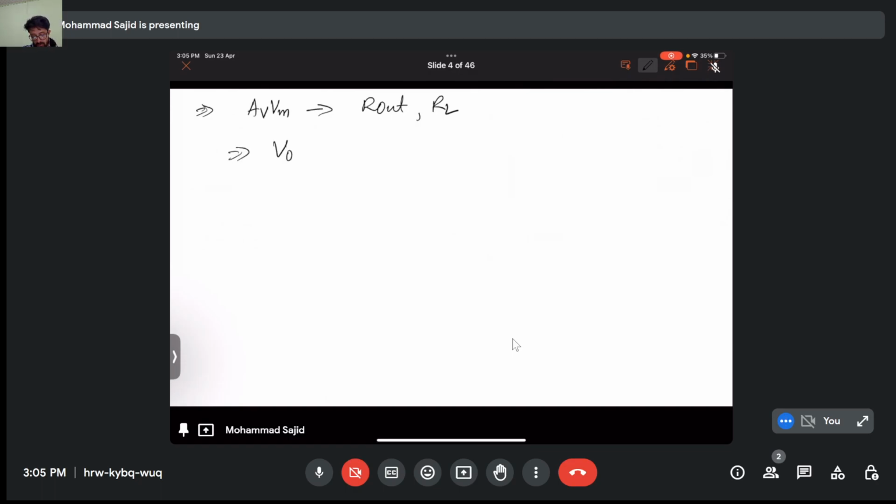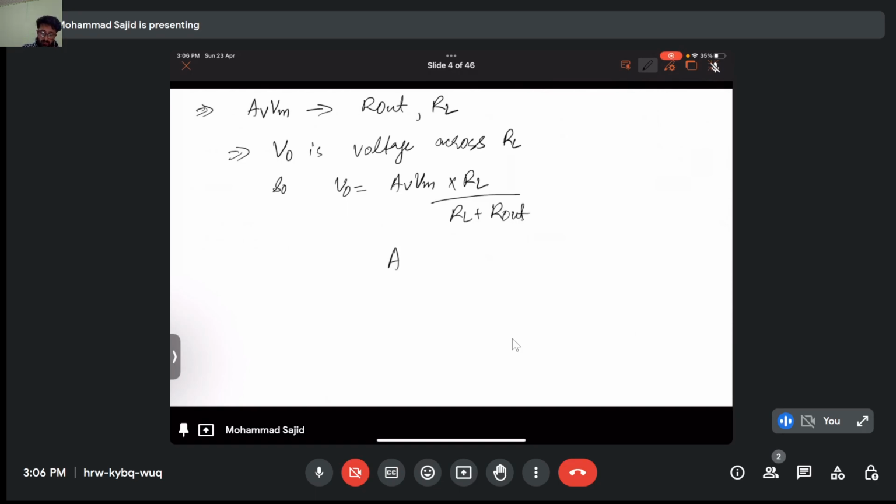Therefore V out is voltage across RL, so V out is AV Vin into RL divided by RL plus R out.